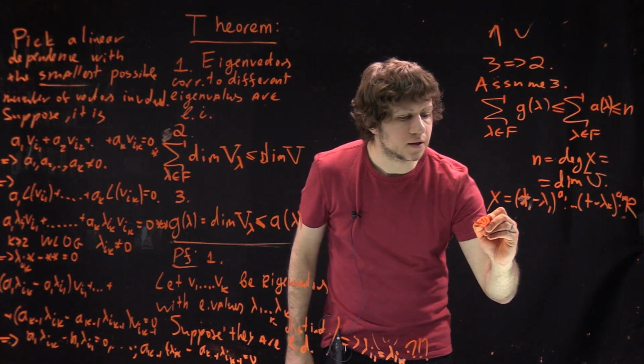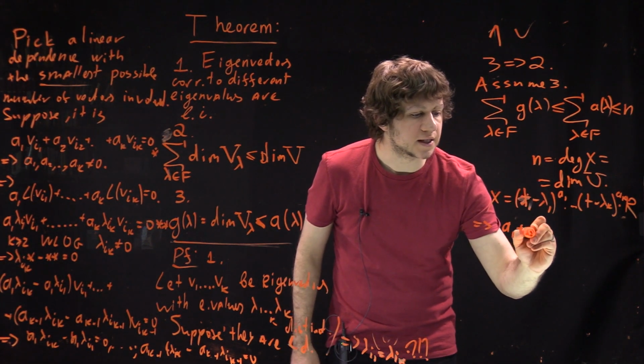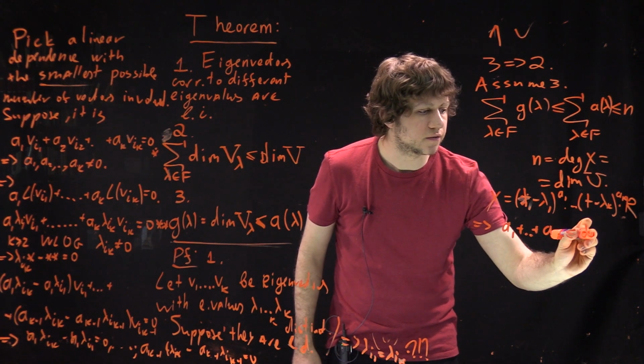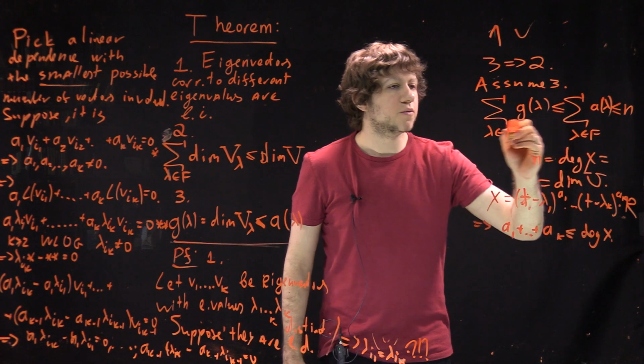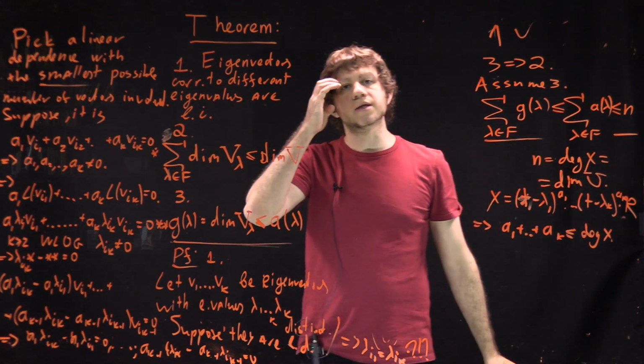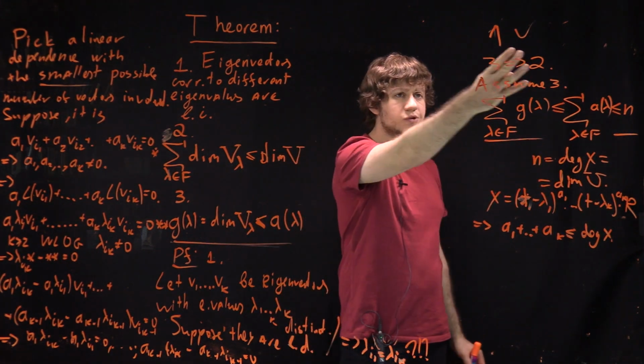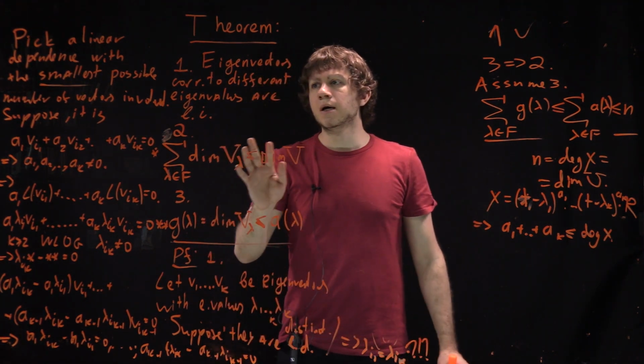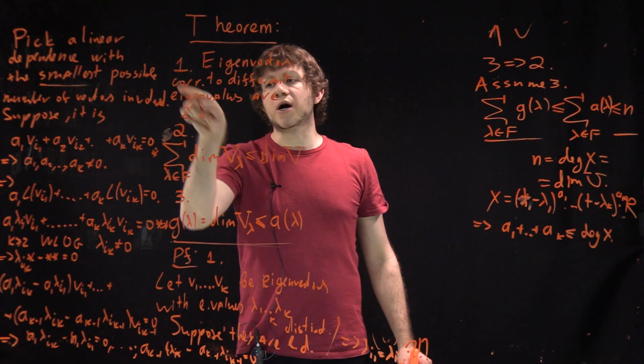Then you know that a1 plus and so on plus ak is less or equal than the degree of chi. So from this we see that the sum of geometric multiplicities is less or equal than n. So 3 implies 2 trivially, but let me also say that actually 2 follows from part 1 as well.